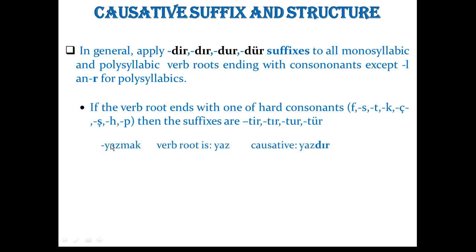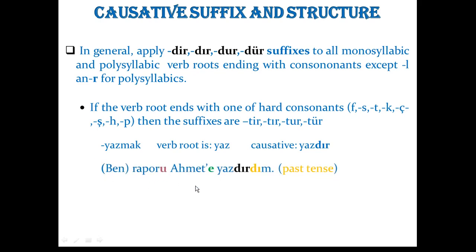Our sample verb is yazmak, the verb root is yaz, the last vowel a requires the causative suffix, making the causative verb yazdır. The ending letter z is not a hard consonant.